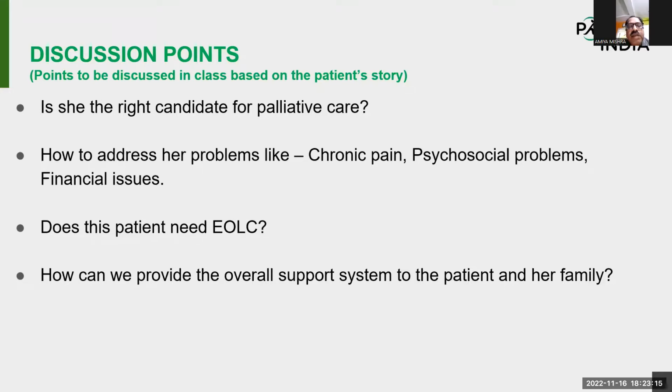She is very apprehensive about who will look after her two daughters after her. So the dimensions are psychological, social, emotional, physical, and spiritual. All the components we have to address.